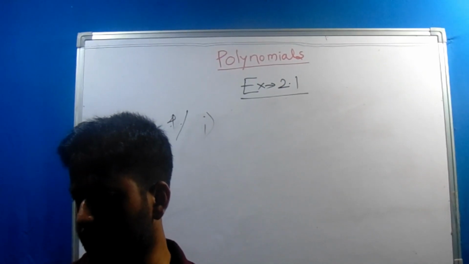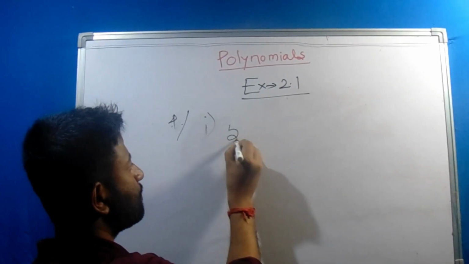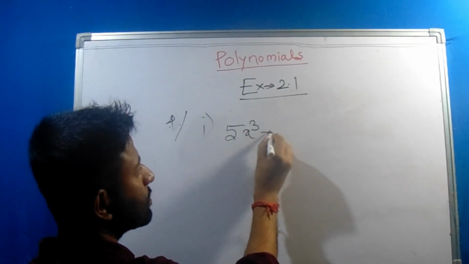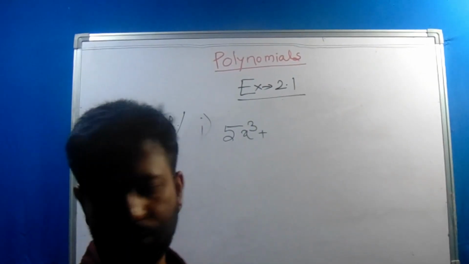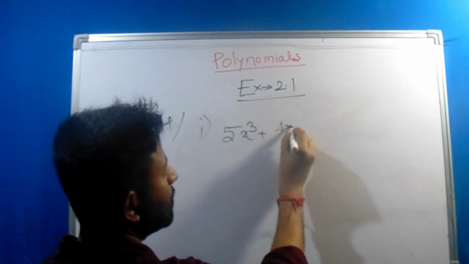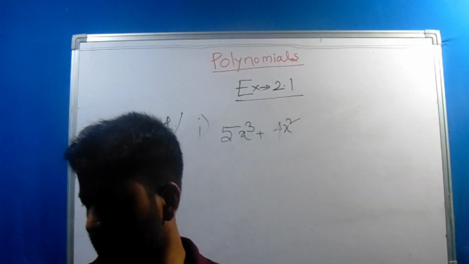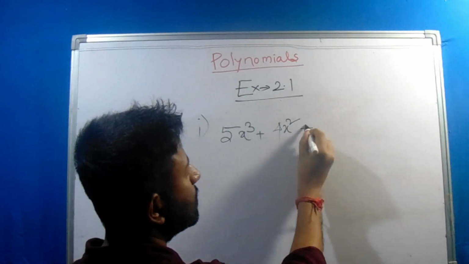What is the equation given? 5x cube plus 4x square plus 7x.